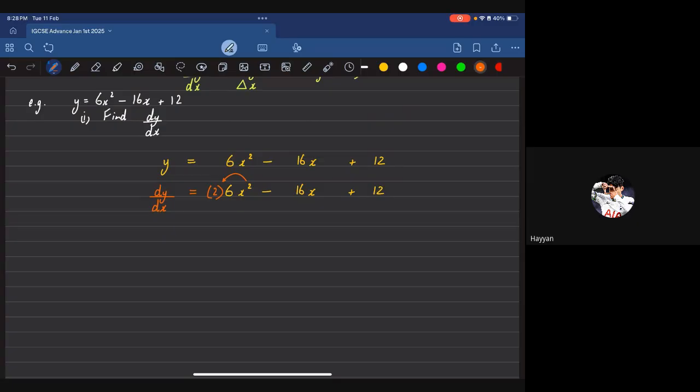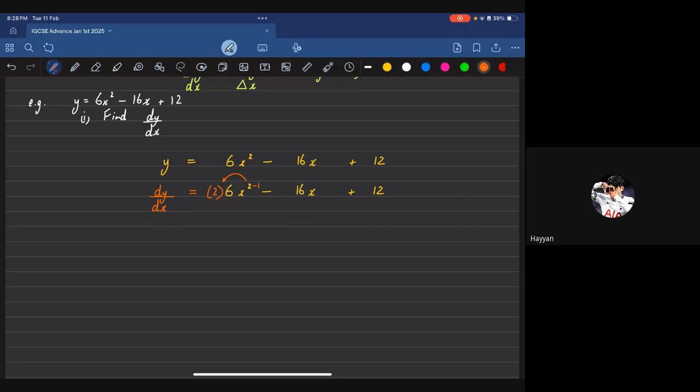Secondly, you subtract 1 from the power. So two things have to happen. The original power, which is 2, was taken to the front to multiply, and I subtracted 1 from the power as well. Do not think that after subtraction I have to take it. No, the original power has to be multiplied at the front.